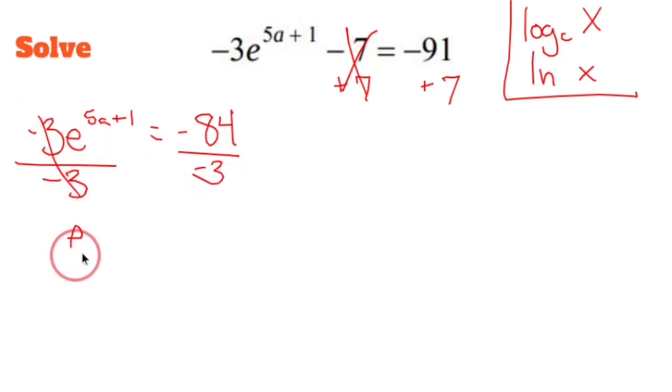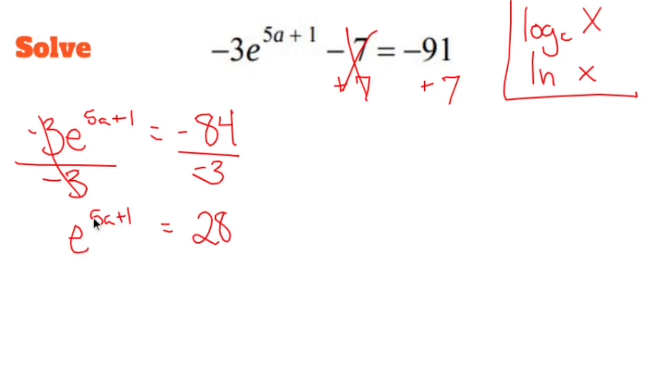So now I have e to the 5a plus 1 equals positive 28. All right. That's a close one.